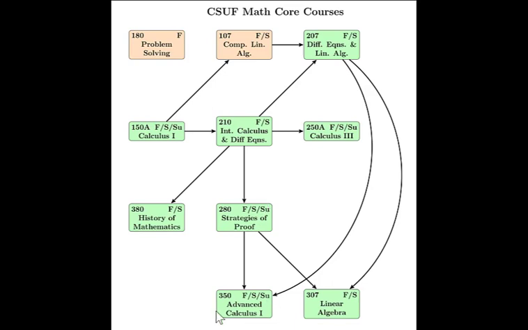The other course, 350, Advanced Calculus. A lot of schools also call this Real Analysis. This is essentially going back and doing all the calculus from these first 2 semesters again, but not worrying about the procedural side of things, computing derivatives and integrals, if you know what that means, but rather proving the results that you just used without comment in those classes.